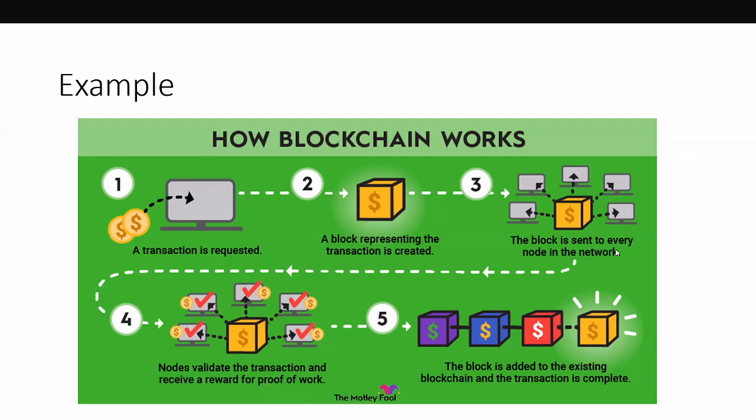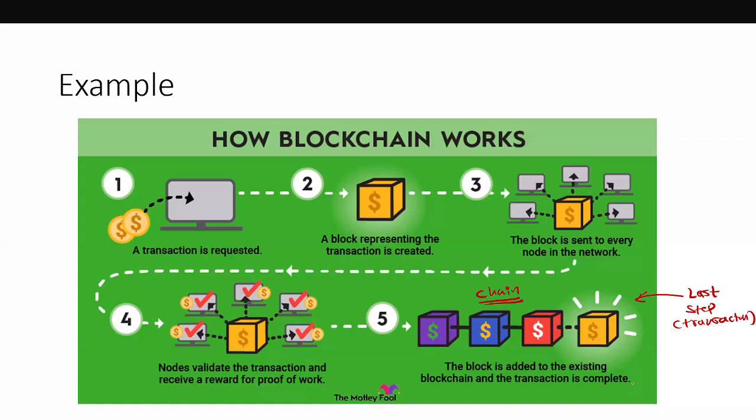So you create a block, and this block will be shared among all the parties involved in this land deed. Then number four is that we validate it. We validate, and then we create a chain of blocks, and at the end we have success. So we have the chain. This is the last step, if it is validated, the last transaction.